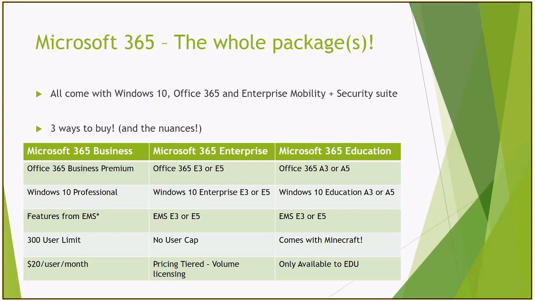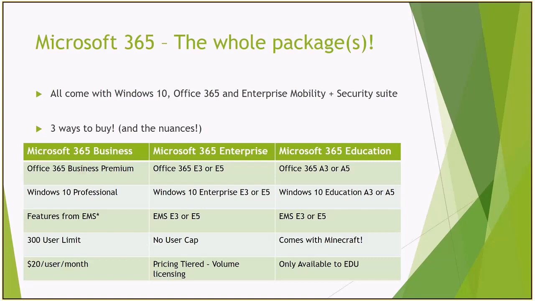And for those of you in the educational world, we'll actually be doing another webcast probably next month sometime where we'll be discussing the changes to educational offerings across the board. As you can see, we're actually back to A3 and A5 type offers, which were an offer SKU a while ago, went away, and now they're back.